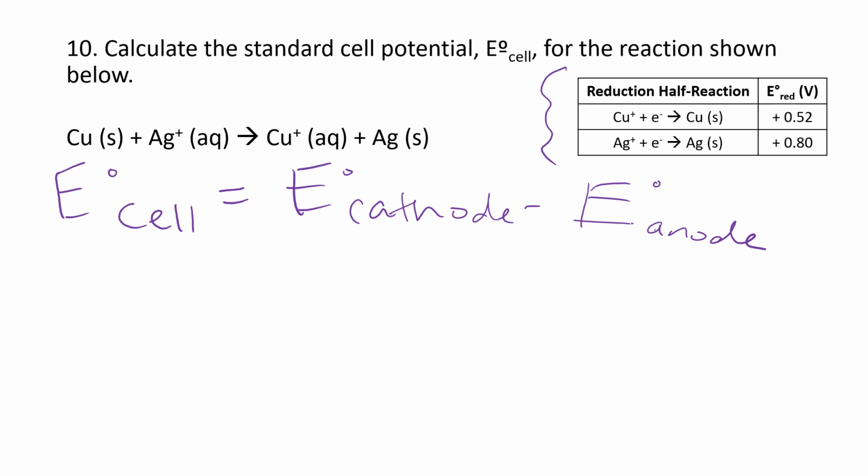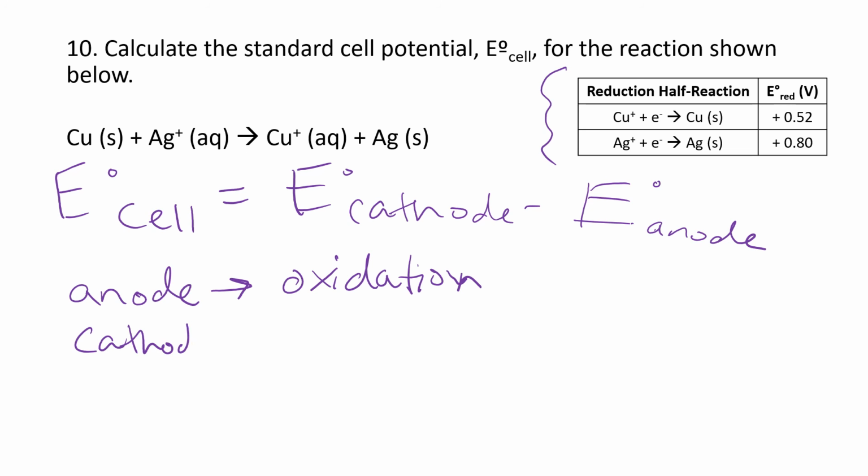So let's look at the equation here and figure out what is the cathode and what is the anode. At the anode, that's where oxidation is taking place. And the cathode is where reduction is taking place.